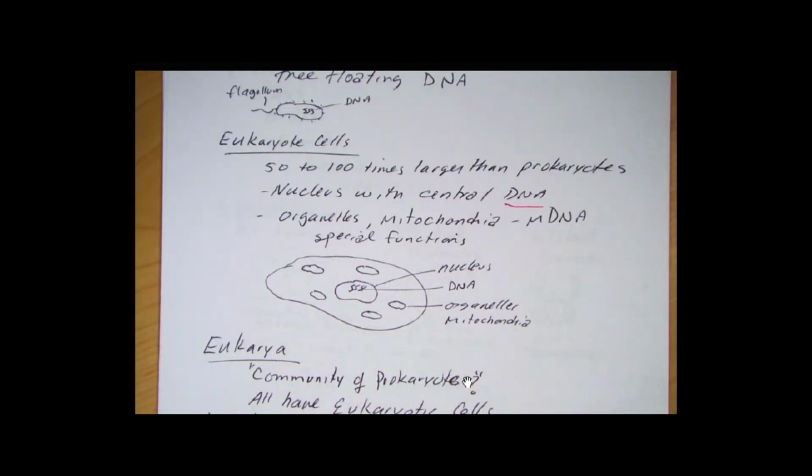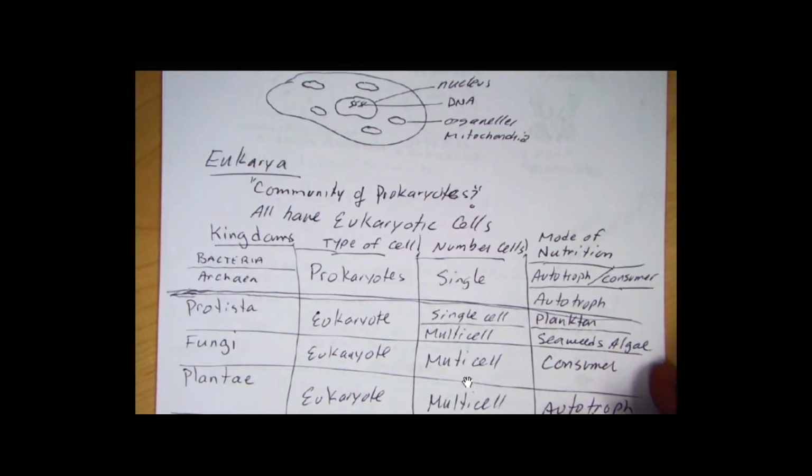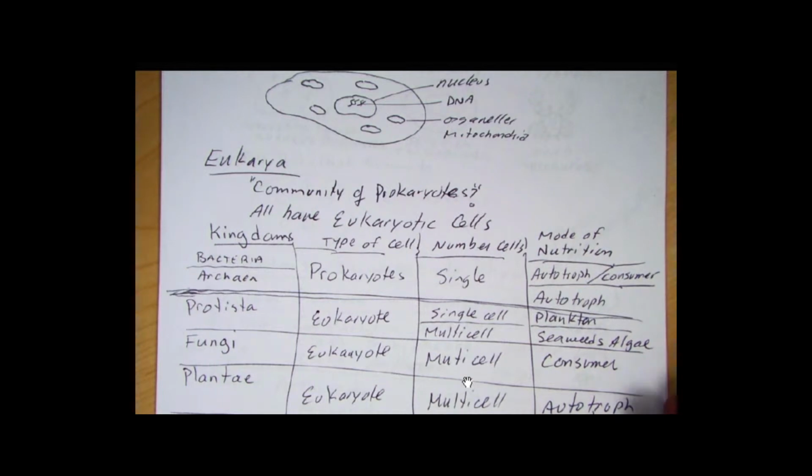So this symbiotic relationship makes these more complex cells. If we look at eukarya, that's where you get these more complex cells. Here are the community of prokaryotes. That's one of the ideas. So all have eukaryotic cells, eukarya.